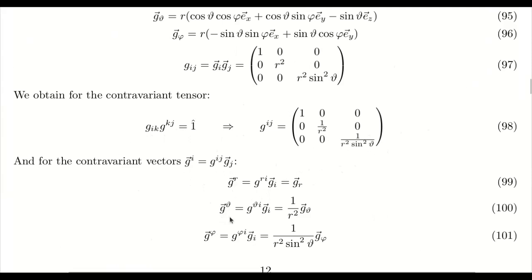But if we consider the theta component here, then we get the additional factor 1 divided by r squared here, and the same for the third component phi here. We have this expression, and we find here of course the factors which we have here in the metric tensor. Okay.